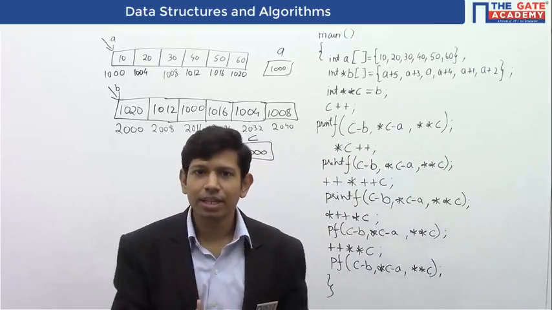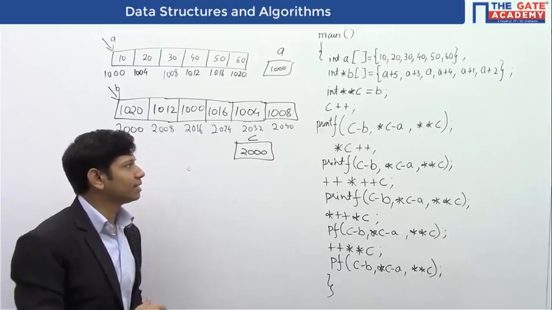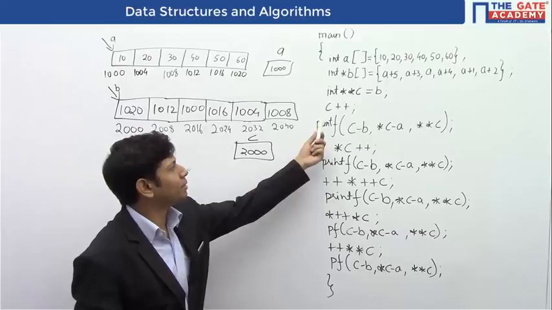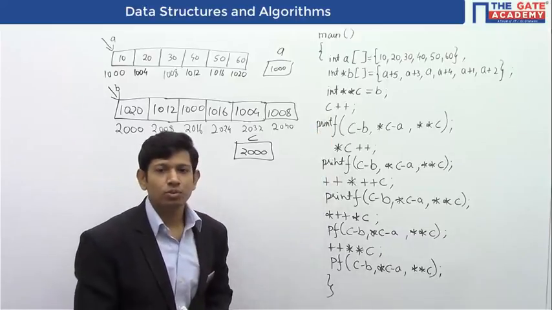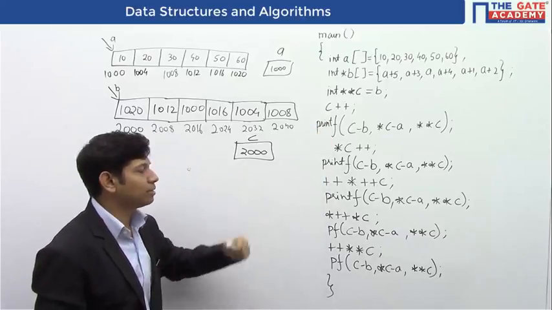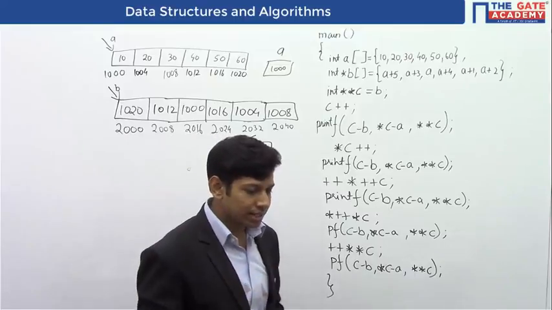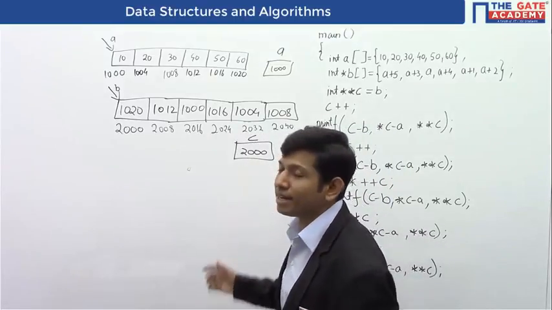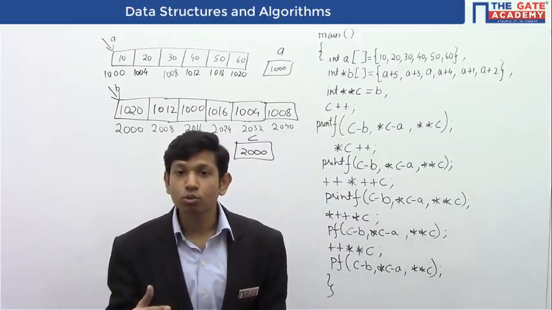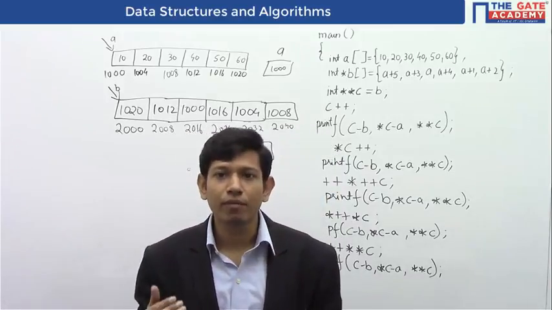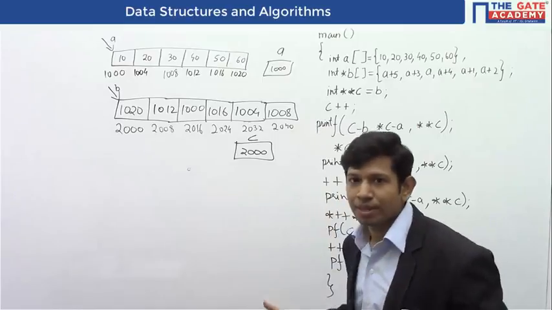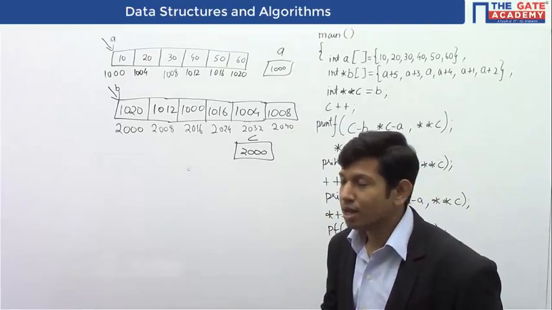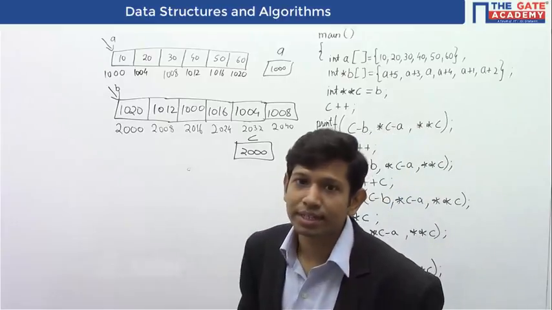Once we have the variable C with us, next thing that we have to see is the statements. The first statement is C++. That statement will increment C by one value. Now since C is a memory address, what would it increment to? It will not increment from 2000 to 2001. If it were an integer, plus 1 would make it 2001. But this 2000 is not an integer.